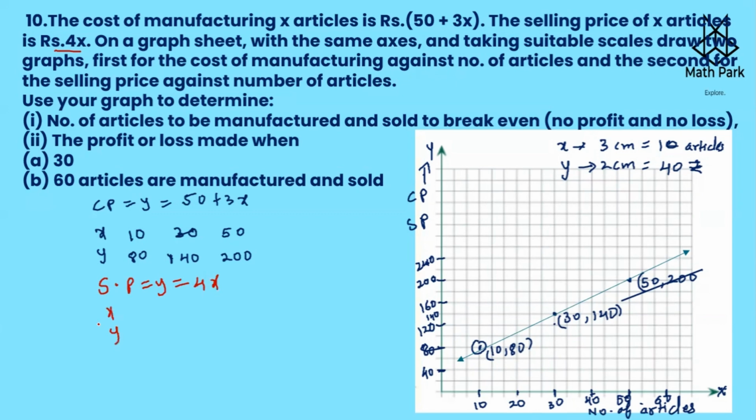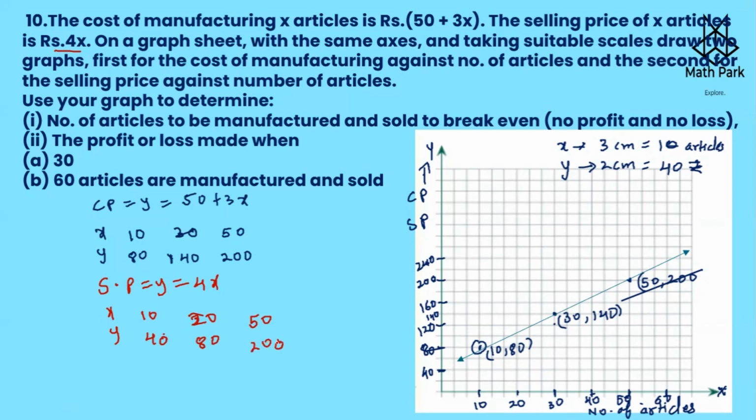If you take x is equal to 10, 10 times 4, y is equal to 40. If x is equal to 20, 20 times 4, you get 80. If x is equal to 50, 50 times 4, which is 200.